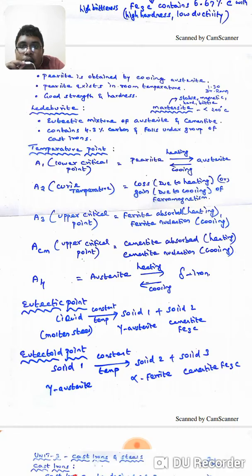A3, upper critical point: ferrite is absorbed on heating, ferrite nucleation on cooling. ACM, upper critical point: cementite is absorbed on heating and cementite nucleation occurs on cooling. And austenite is converted into delta iron on heating, and delta iron is converted into austenite on cooling. This is also a reversible process.